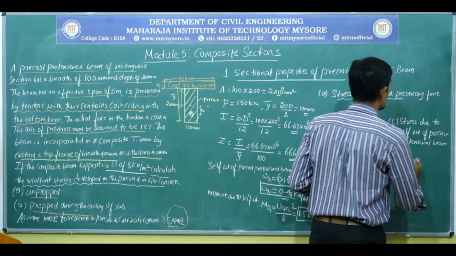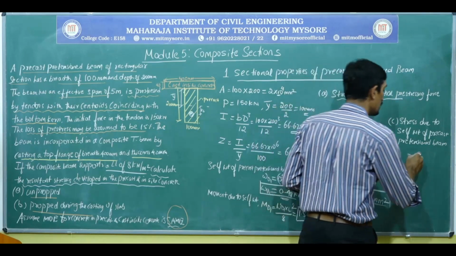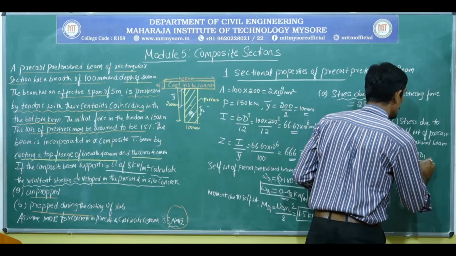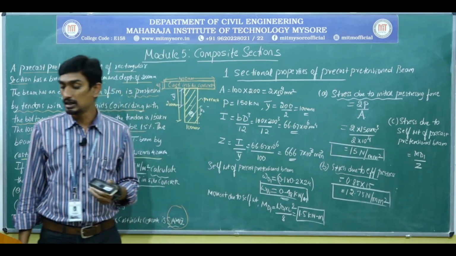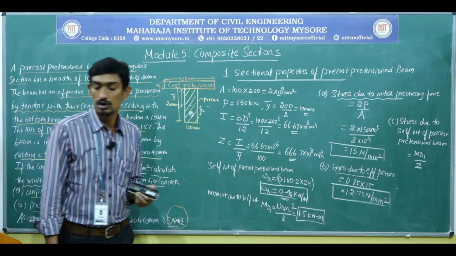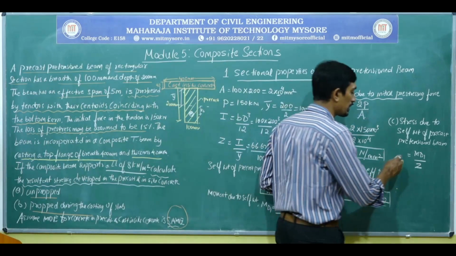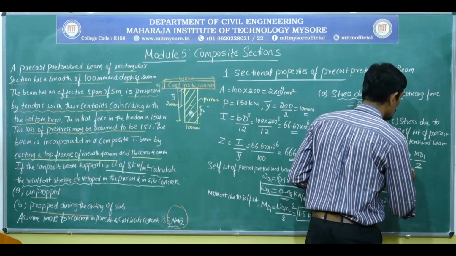So what will be the formula? MD1 divided by ZT at the top, and MD1 divided by ZB at the bottom. Now both are the same, so I can say plus or minus, both are the same.